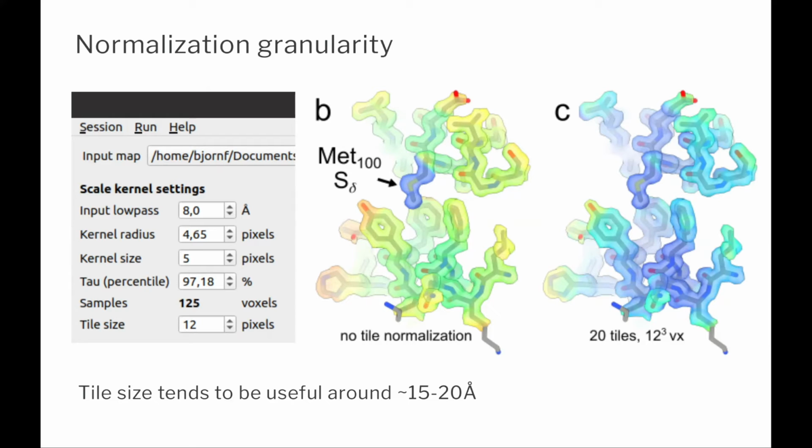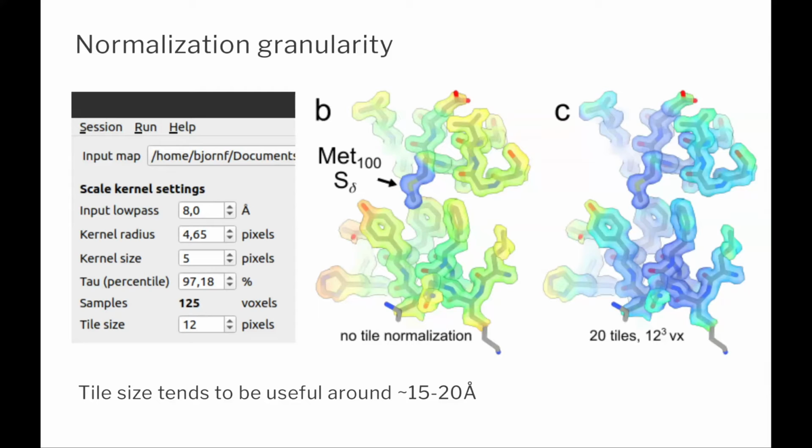So as you can see here, if we set the tile size to 12 cubic voxels, it will calculate this over 20 by 20 by 20 tiles, and then you will have a normalization that doesn't allow very small things to dominate your estimate. So you won't end up with a systematic underestimation due to low mass objects.